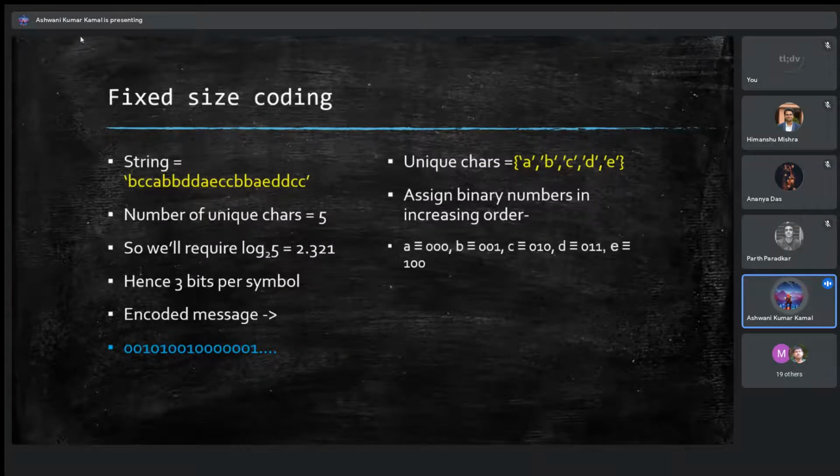So let's say this is a sample string with many letters, B, C, A, B, something like that. First we'll find the unique characters which appear in the string.